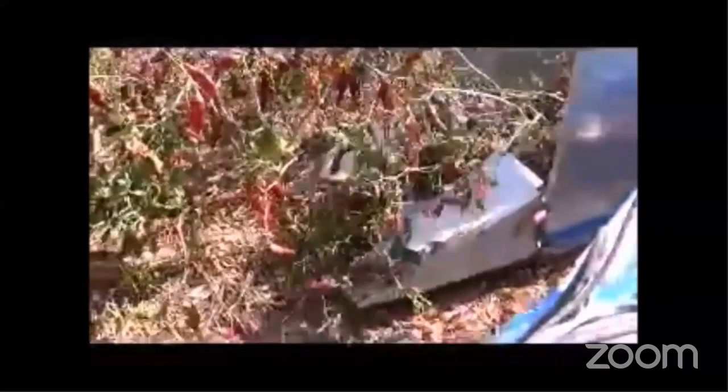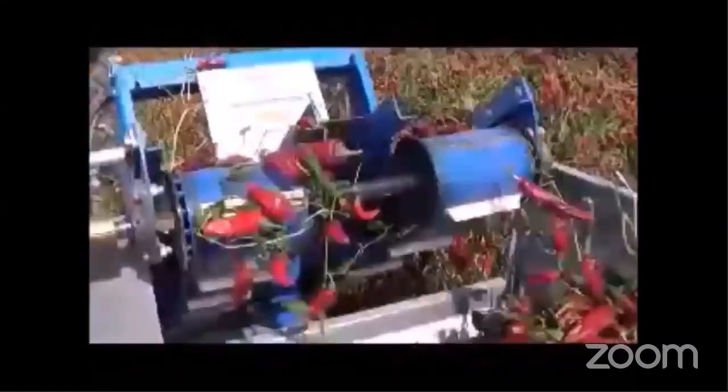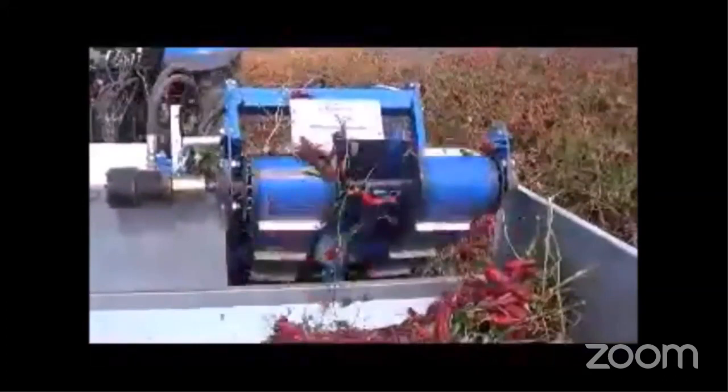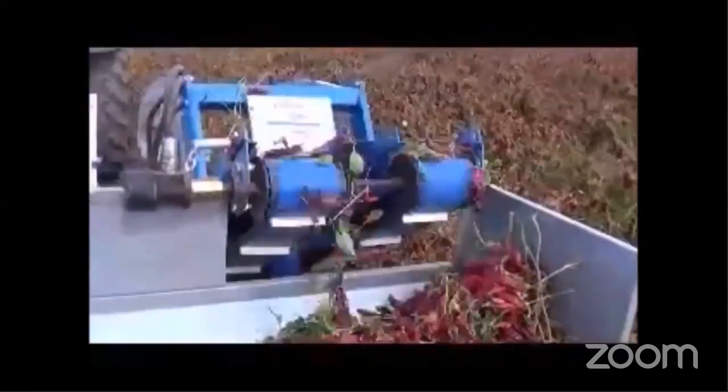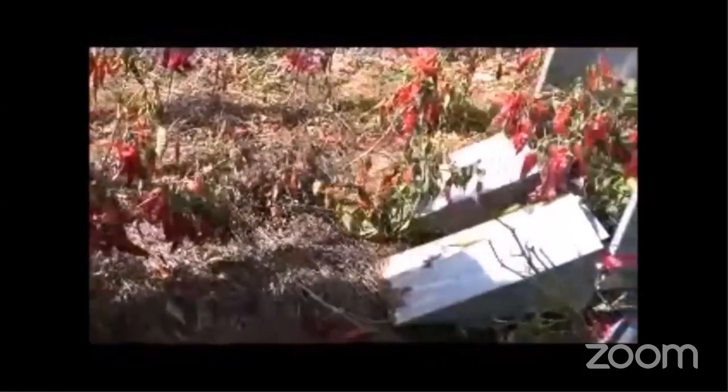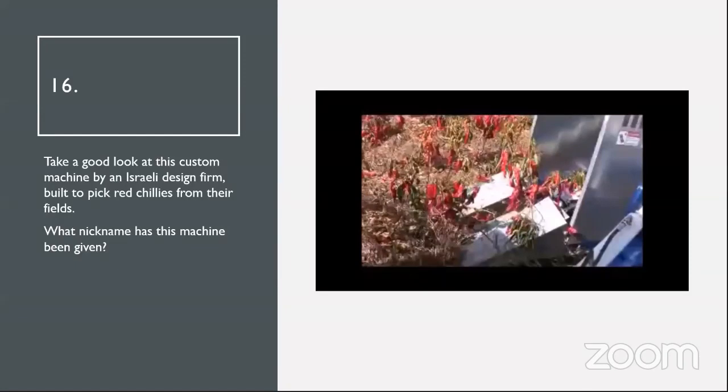As you can see, there's a vast field of red chilies, and this machine picks those red chilies. So this custom designed machine made by an Israeli design firm, built to pick red chilies from their fields.